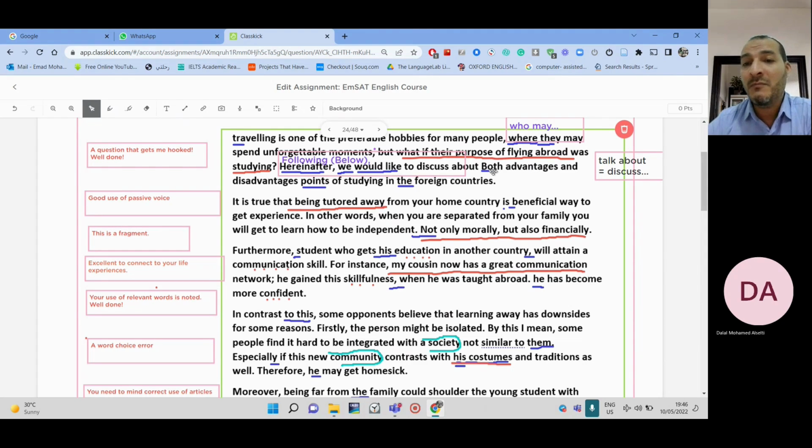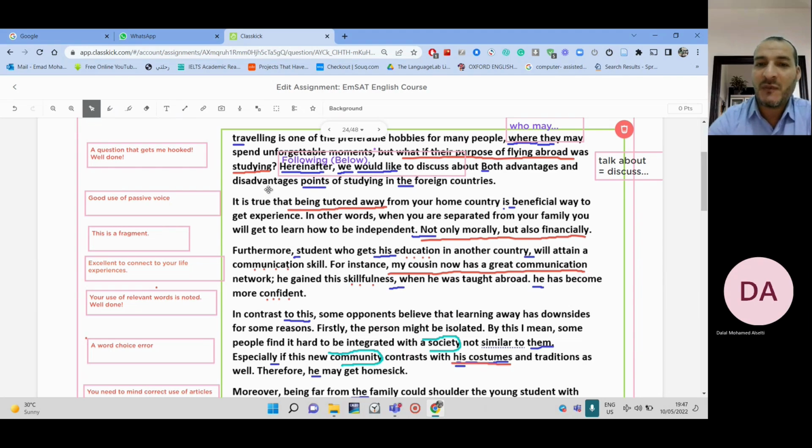You can say good and bad points if you want to use an adjective before points. Points of view is okay. I will discuss different points of view of studying in a foreign country. You don't have to say advantages and disadvantages in this way. But the point is that don't say advantages and disadvantages points. You can say good and bad points about.